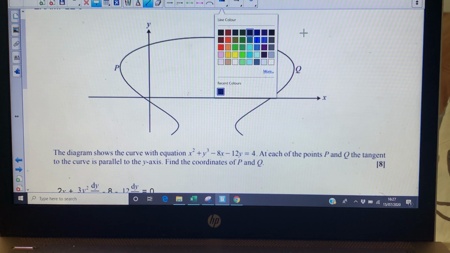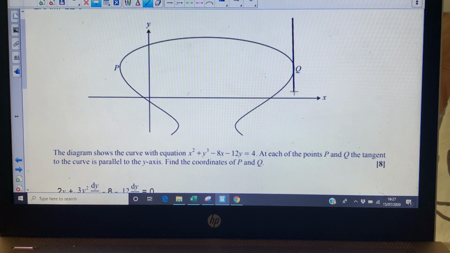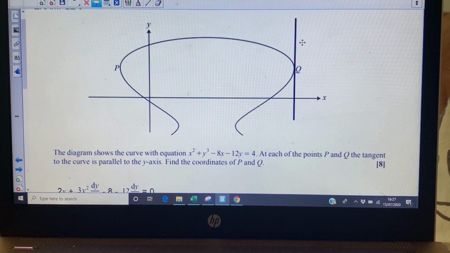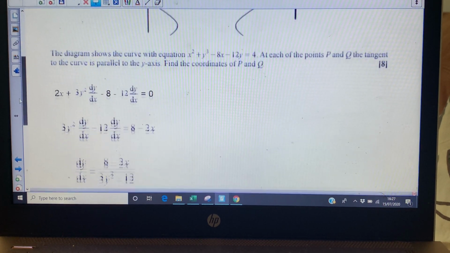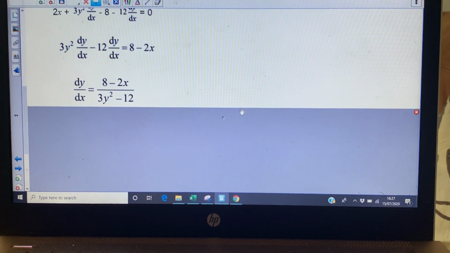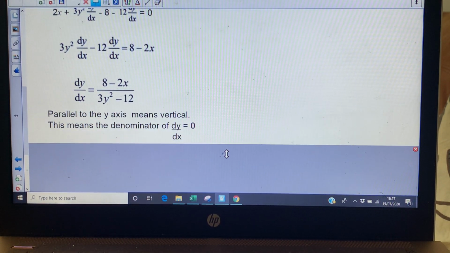I hope it helps you as well. So there's your vertical line. That's better. You can see that the horizontal change is 0, which means in your gradient, the denominator is going to be 0. So I'll put that in to help.